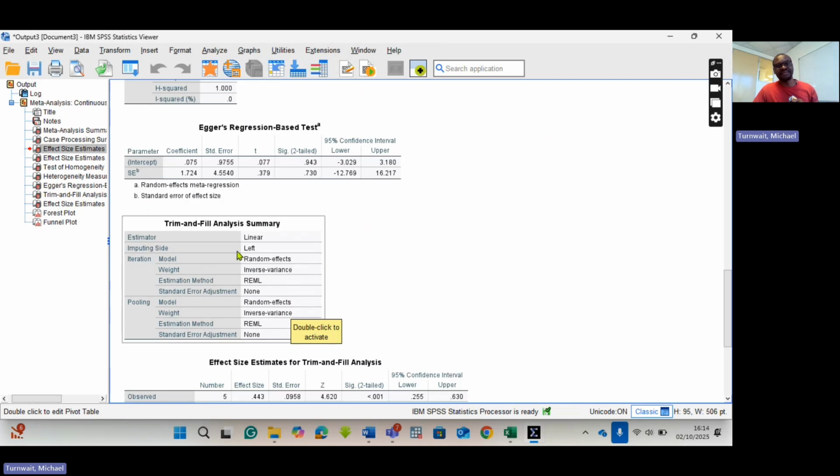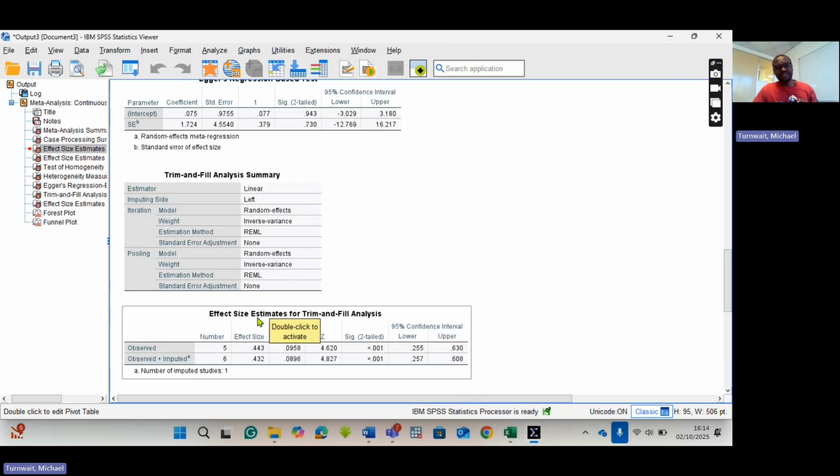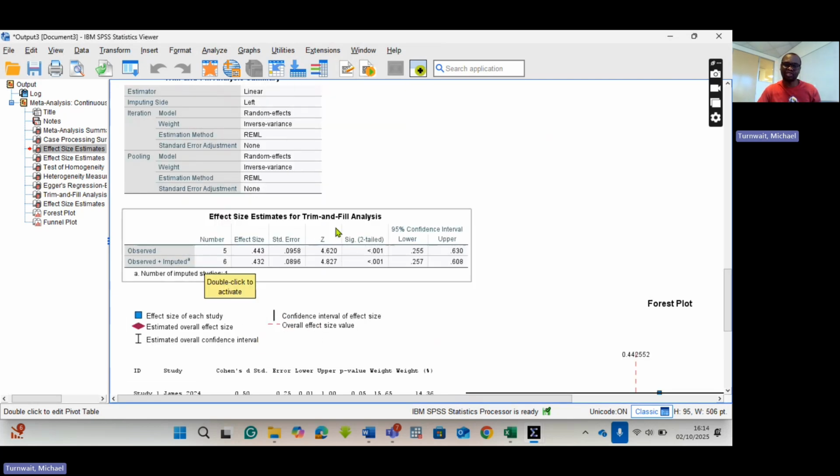And this is the trim and fill analysis summary. If you look at this, the effect size estimate for trim and fill analysis tells us the observed and the observed plus imputed. Here we have the number of imputed studies, just one. It tells us that the software which we used was able to reshape our 5 studies to give us 6 here, implying that it trims and also fills the analysis to ensure that the study is appropriate and consistently giving the results.